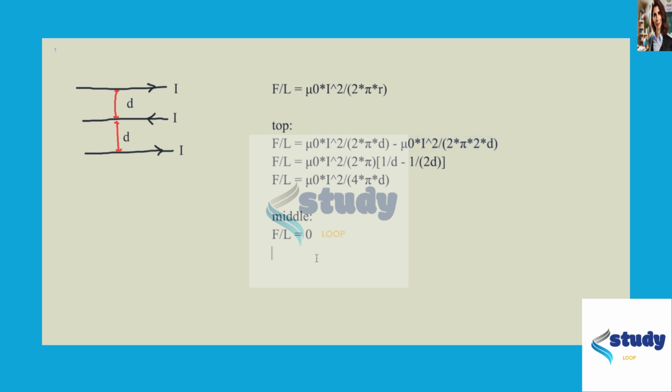For the magnitude, we're going to get the same result as in the top wire. So we don't need to do any new calculations because this problem is symmetric. To find the direction, remember the middle wire is closer, so the force from the middle wire is going to dominate. And these currents are in opposite directions, so the bottom wire will be repelled by the middle wire, which means it will be pushed downwards. So the force is going to be down.